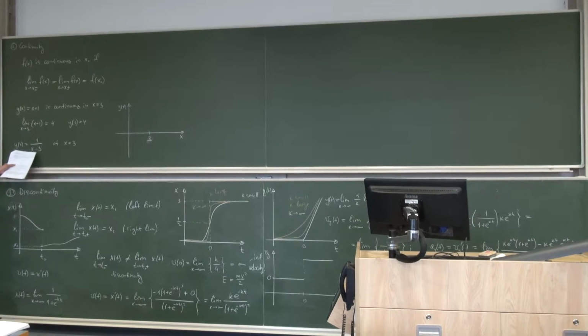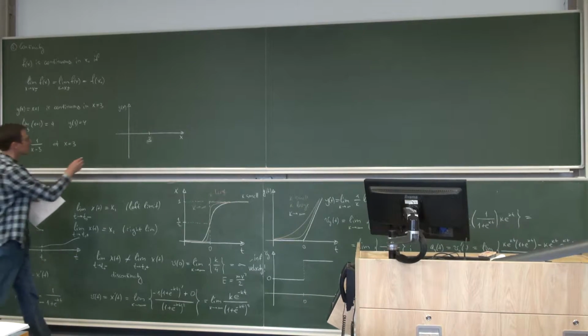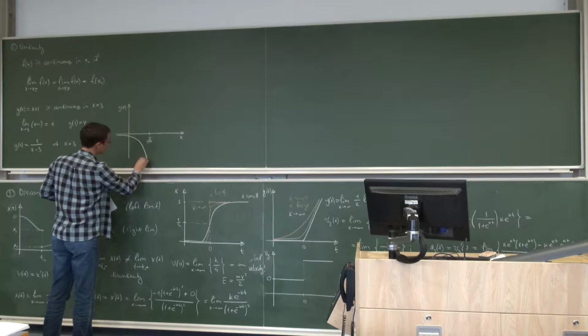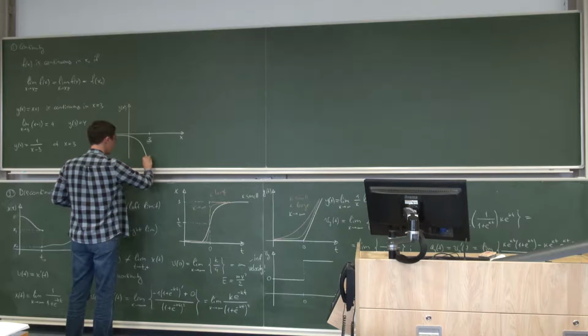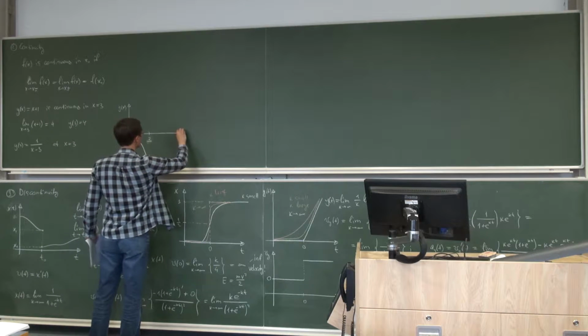Well, the denominator is negative and very small, so we will go to minus infinity at that point. So it will be something like this. It's negative, and then it goes to minus infinity. And then if we are approaching 3 from the positive direction, the denominator is always positive, but it also goes to infinity. And so we have something like this.